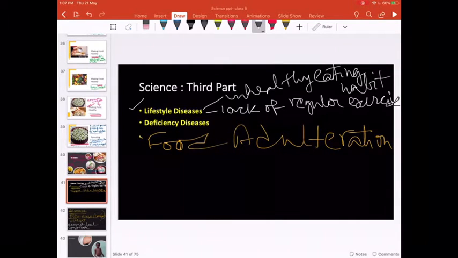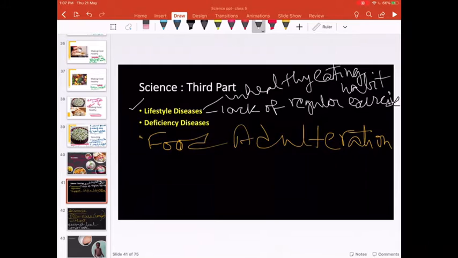So when would they do any kind of physical activities? So this is also another bad lifestyle. Lack of regular exercises.